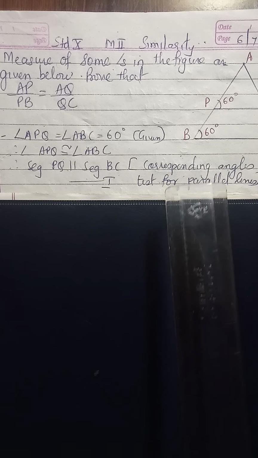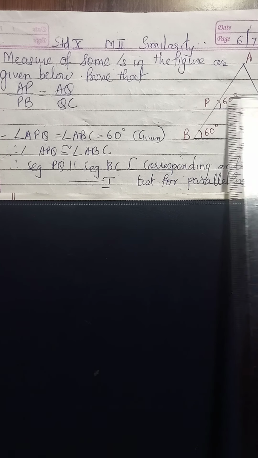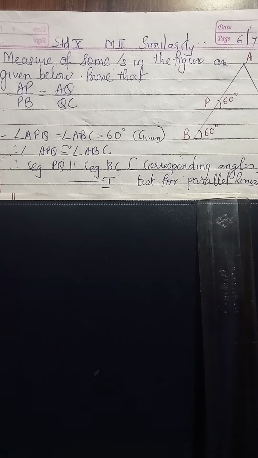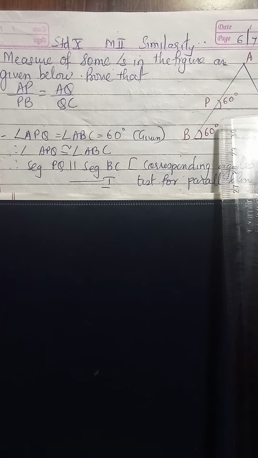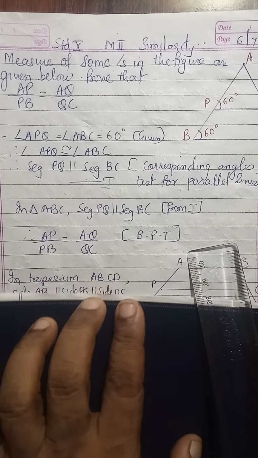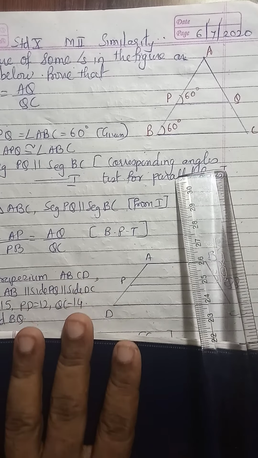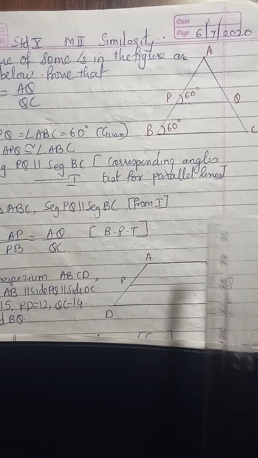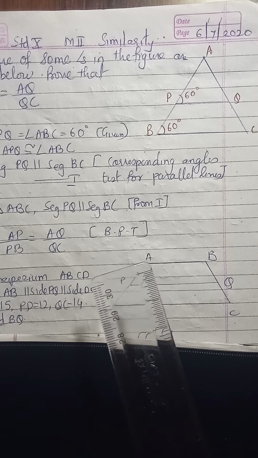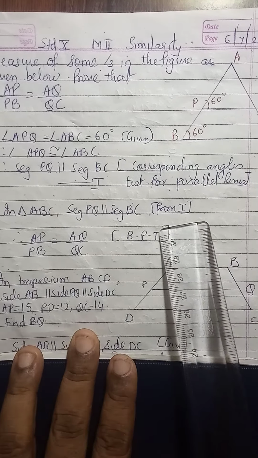Now in this triangle, angle P and angle B appear as corresponding angles, and these angles are congruent also. This gives a direct indication that the lines PQ and BC are parallel. Reason: by corresponding angles of parallel lines.